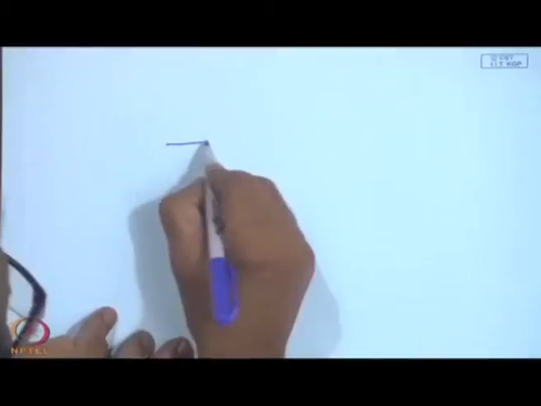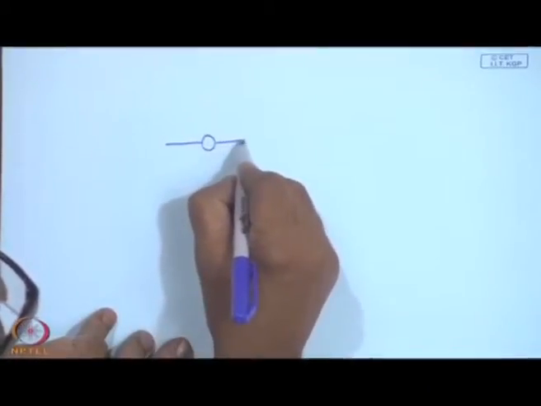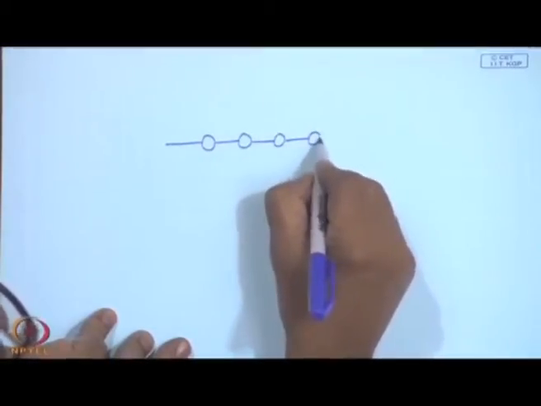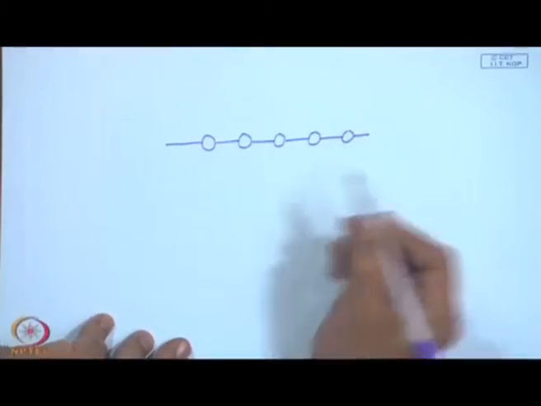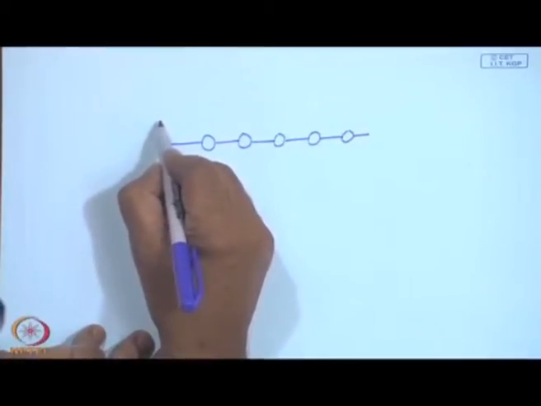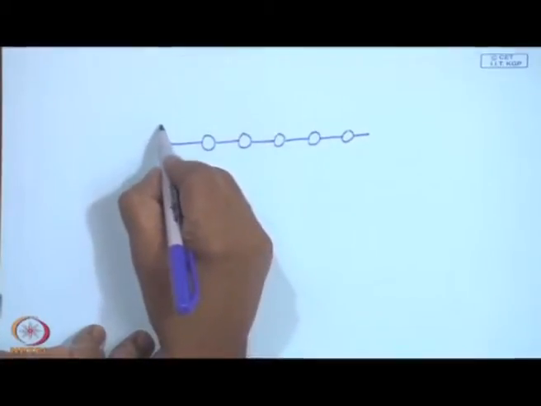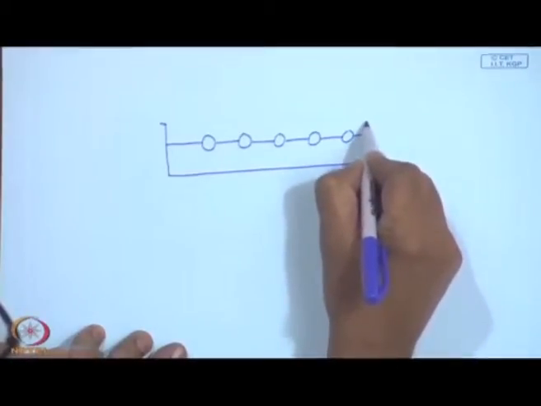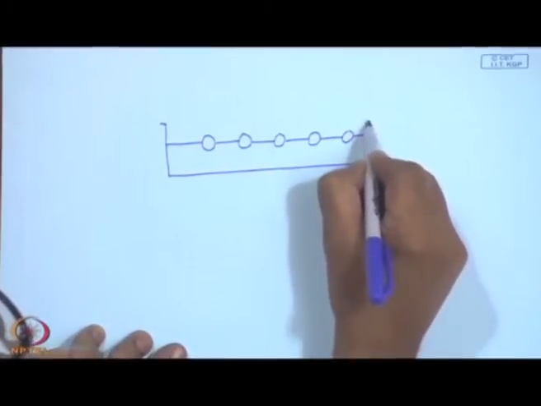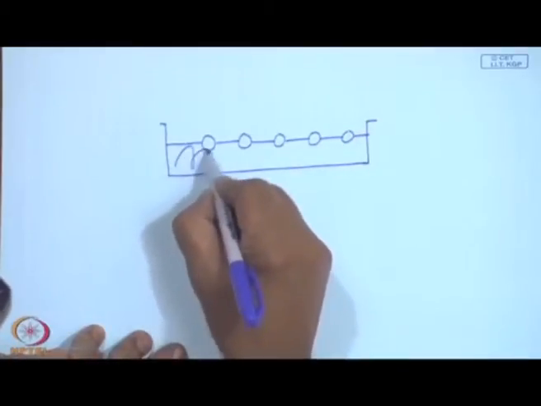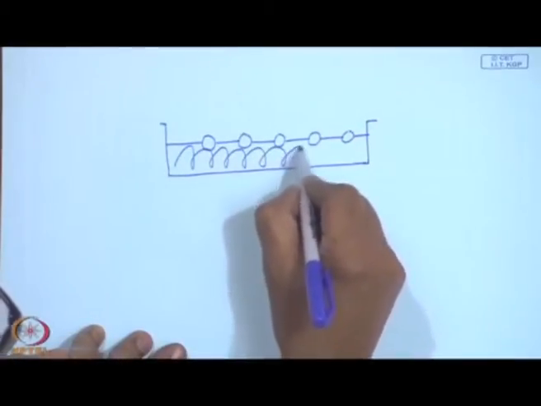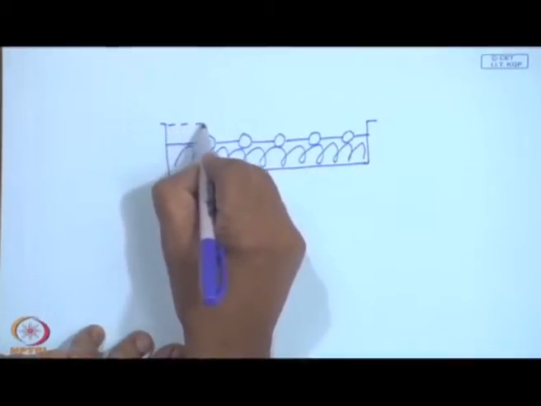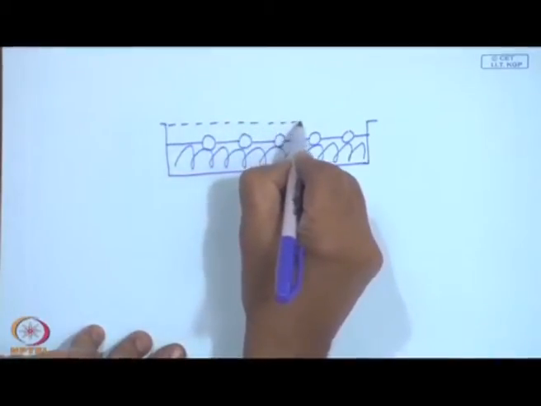So, you may have a fin, a tube, a fin, another tube like this with certain spacing. This is kept in a box, and the bottom of which is insulated, and there is a glass cover.